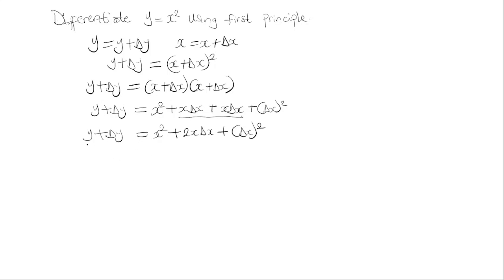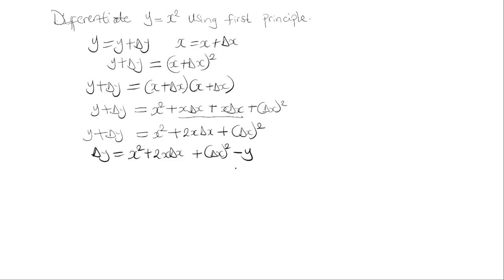That means y on the left hand side will be crossing over to the right hand side, which will now give us delta y is equal to x squared plus 2x delta x plus delta x squared minus y. So the y coming from the left hand side is turning to minus y on the right hand side.